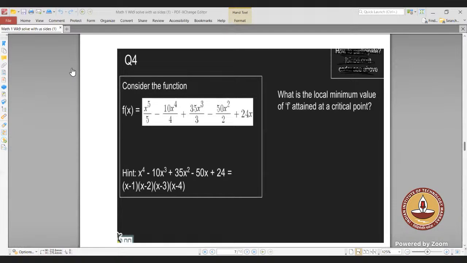Say any smaller function, like x cube minus x square plus x plus 5. Can we find the global minimum in that case algebraically, without plotting a graph? We'll just try to factorize it.